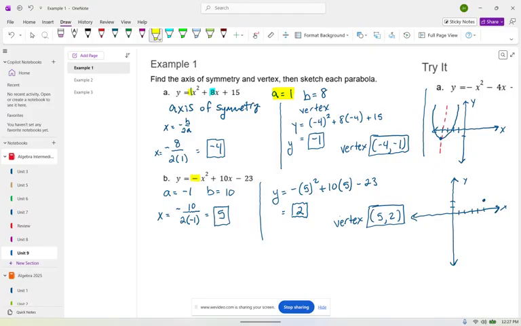My value of a is negative 1. It's negative, so it's going to be opening downward. And again, we've got that axis of symmetry going right down the middle. So that's it. That's how you come up with your axis of symmetry, your vertex, and finally a sketch of a parabola.